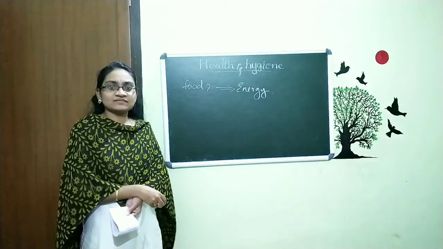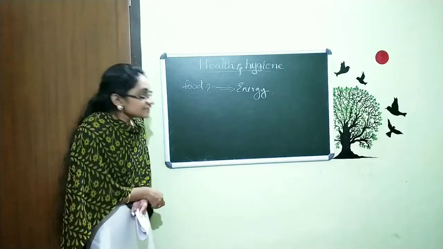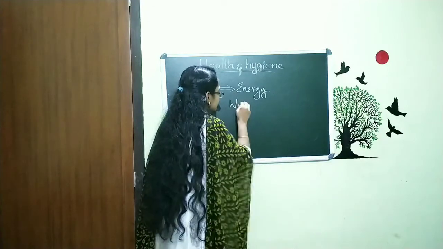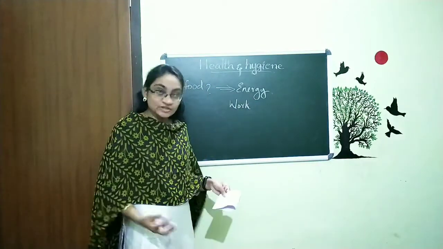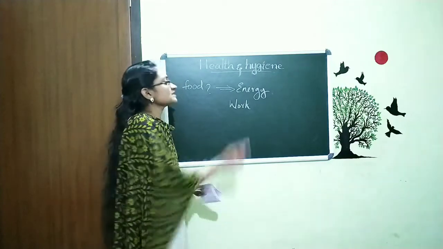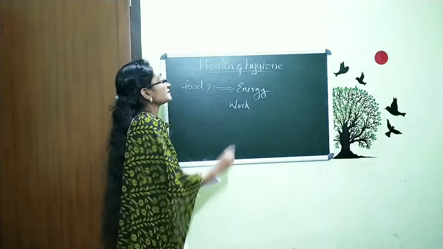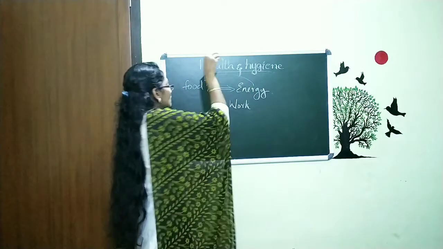Why do we need such energy? This energy we need to do work. Work means to walk, to run, to sit, to wake. All the things we need energy for. To write, to sing, to talk. All these things need energy, and that energy is from food.